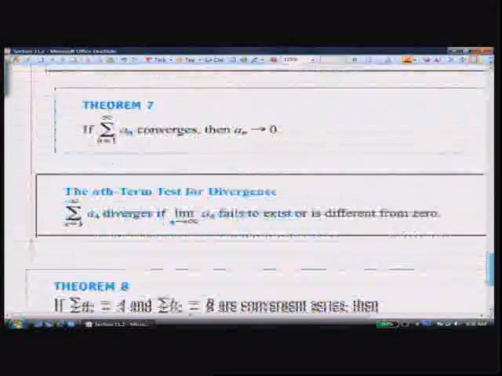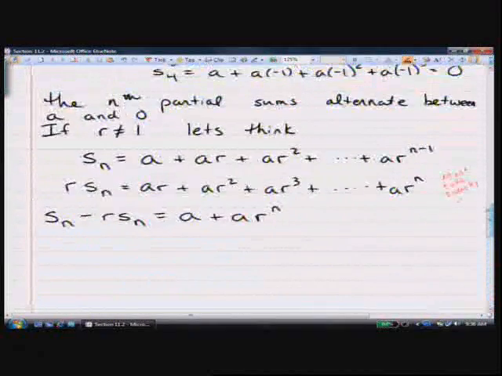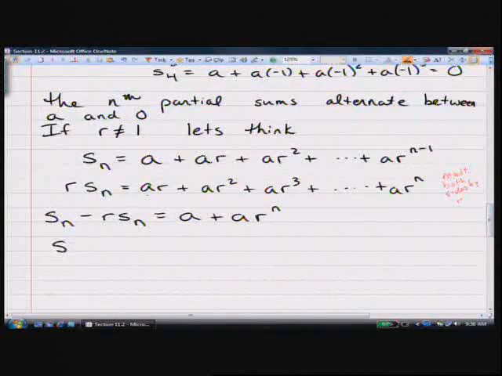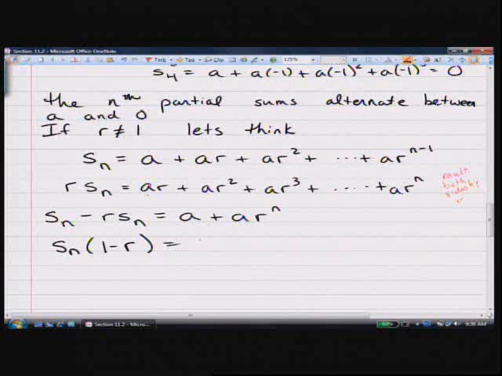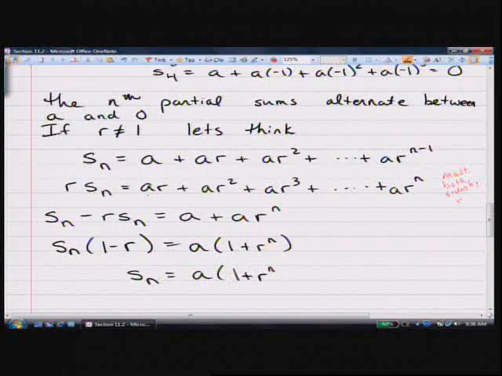So if I'm trying to get a pattern for the partial sum, then I might want to isolate the partial sum by factoring it out. And I'll get 1 minus r here. And then if I wanted to be clever, I could do the same thing and factor out the a. Then I can actually solve this for S sub n. And I get S sub n is equal to a times 1 minus r to the n over 1 minus r.